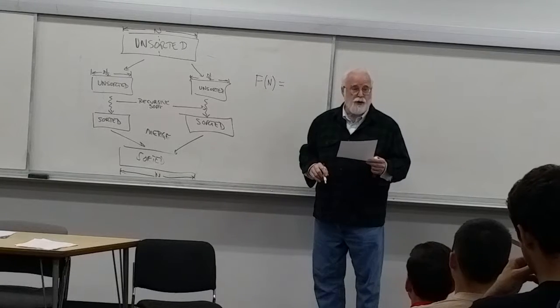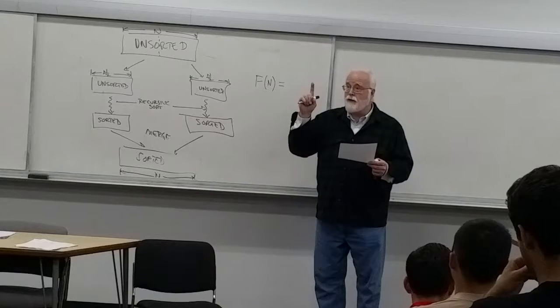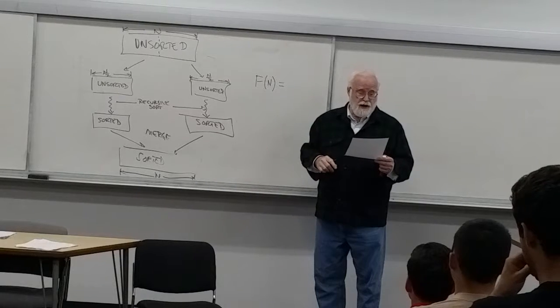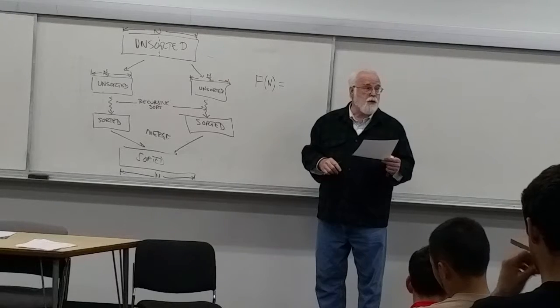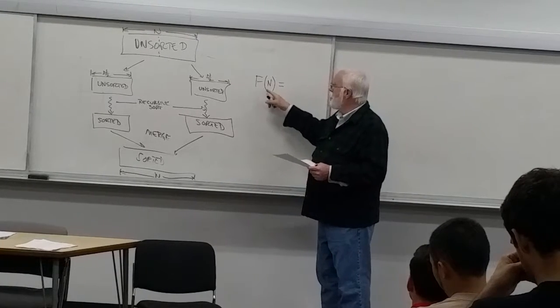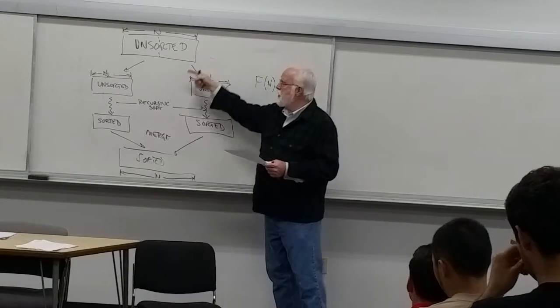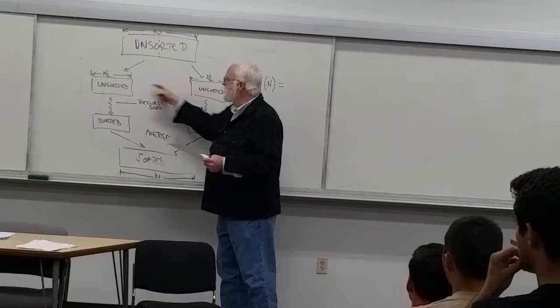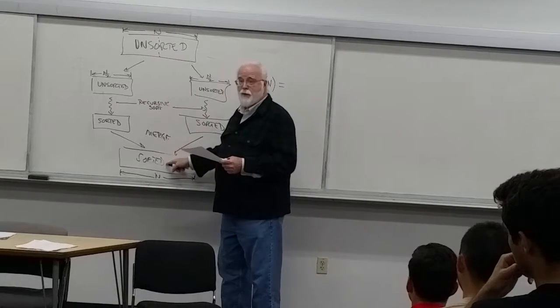Every time I call merge sort and incur one call to merge, I call merge sort recursively twice at lines 19 and 20. So the cost to do this merge sort is going to be the cost to do these two merge sorts plus the cost to do the merge.